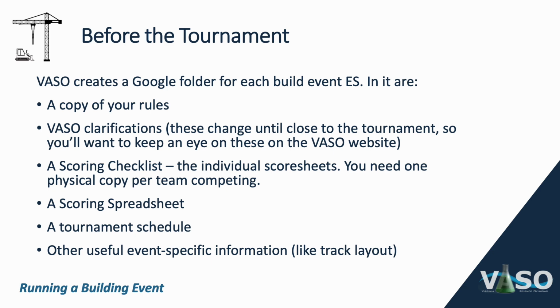There's a scoring checklist, which is the pieces of the score for an individual team, and you'll need one physical copy, one paper copy per team competing in your tournament. There's a scoring spreadsheet that does all the heavy lifting of computing the final scores, and a tournament schedule and various event-specific information as well.